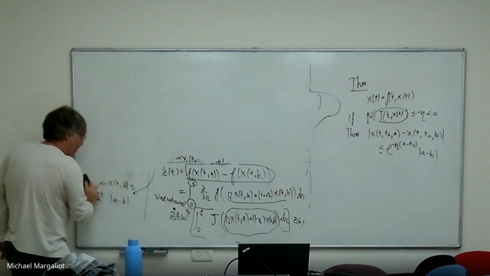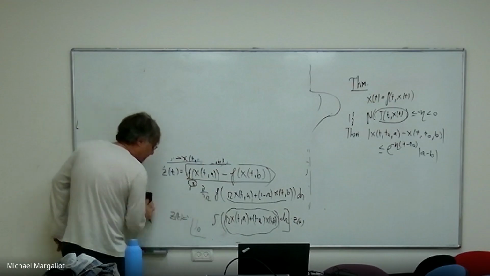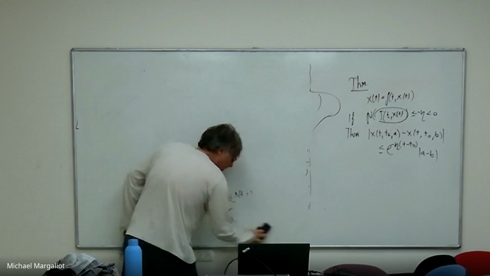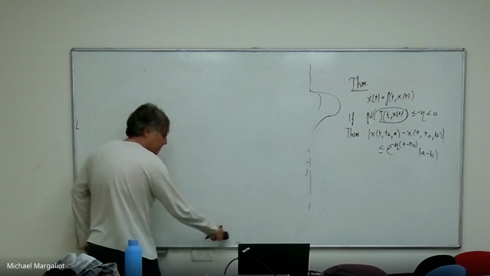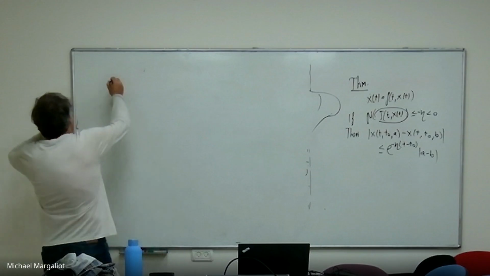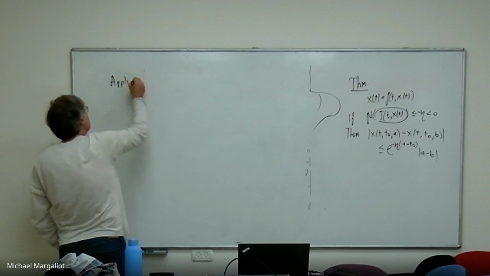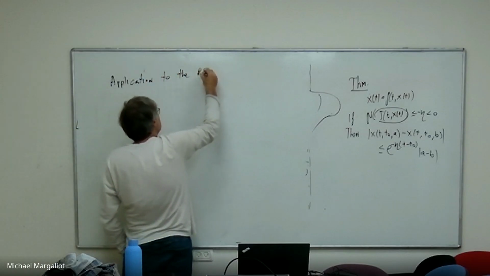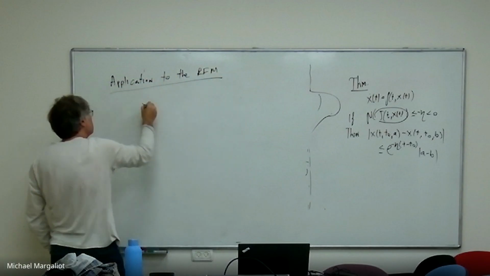So, if a matrix measure of the Jacobian is uniformly negative, we can prove contraction with respect to the corresponding vector norm. Now, application to the RFM. For simplicity, I will consider the two-dimensional RFM.